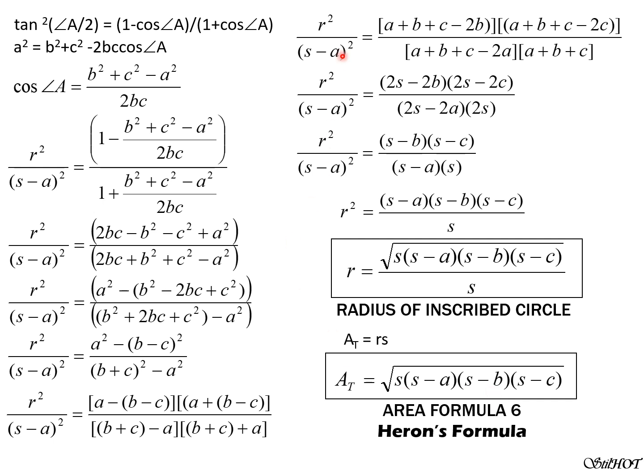Then leaving just one more formula. So let's have one more formula: area of triangle in terms of the radii of escribed circles. An escribed circle is a circle tangent to one side and the prolongation of the other sides.